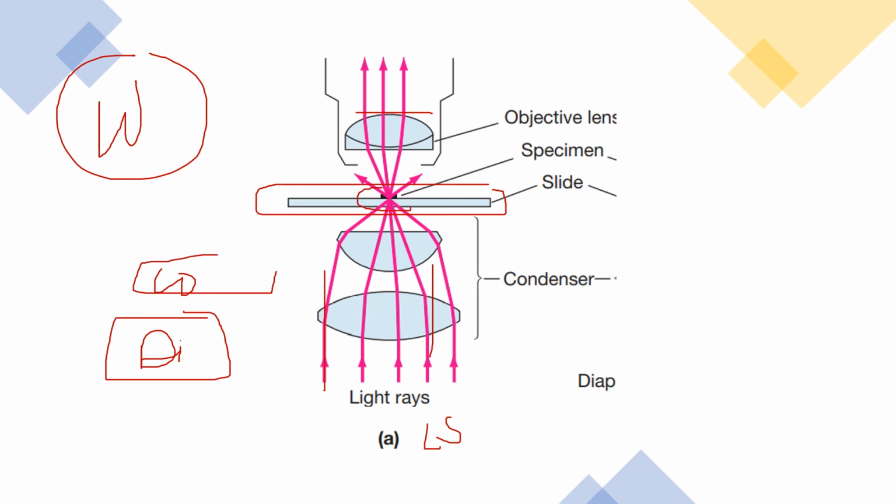Here you can see they are all focusing the light, and when this focused light passes through the slide, it gets refracted, and many other phenomena take place like reflection and transmission, and then it passes through your objective lens. Finally it hits the ocular lenses through which we can see the image.